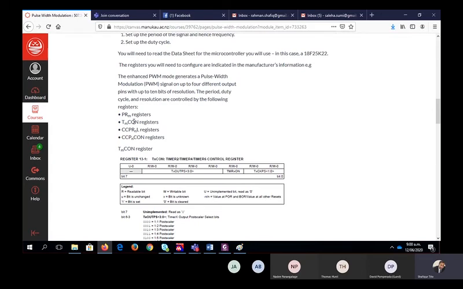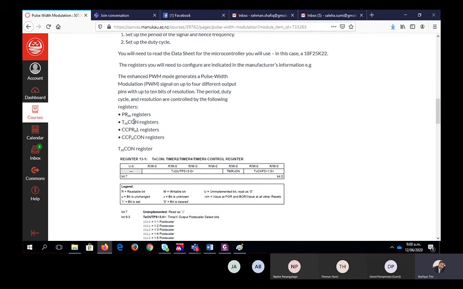Am I clear? So the period register number M and TMCON should have the same value. If it is period 2, then it should be T2.